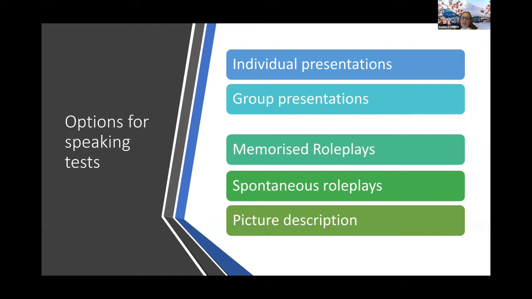To address the issue of spontaneous production with adult learners, in business English notably, you also have the option of spontaneous role plays. So in this case, you will give 2 or 3 learners a flashcard with a role.